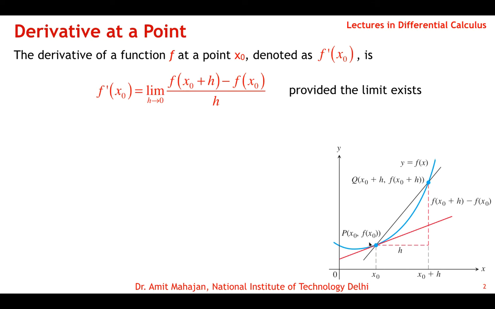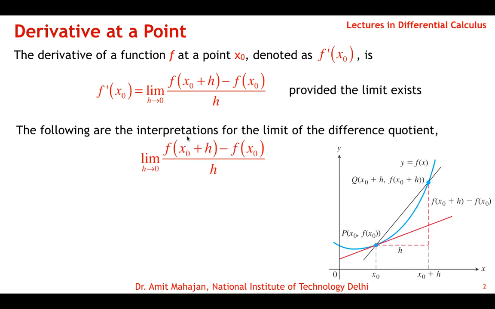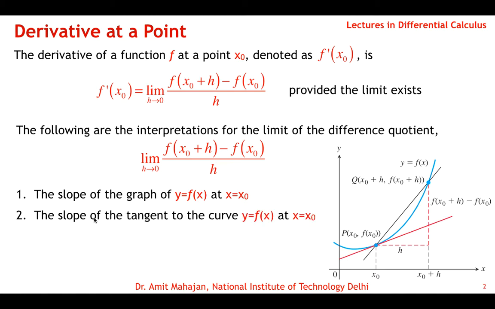Okay, so the following are interpretations for the limit of the difference quotient on the right hand side, if the limit exists. We can say that it represents the slope of the graph at the point x naught. Also, because this secant becomes the tangent, we can also say that it is the slope of the tangent at point p.